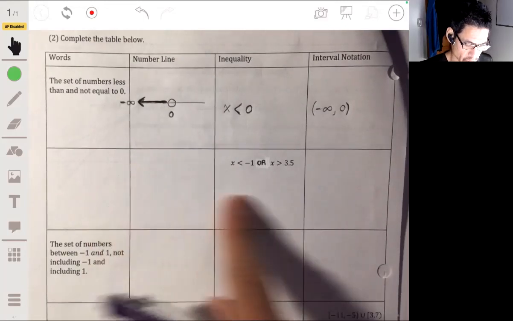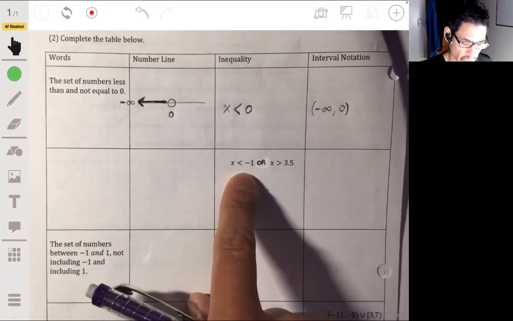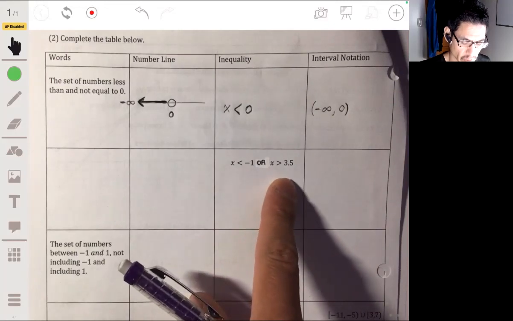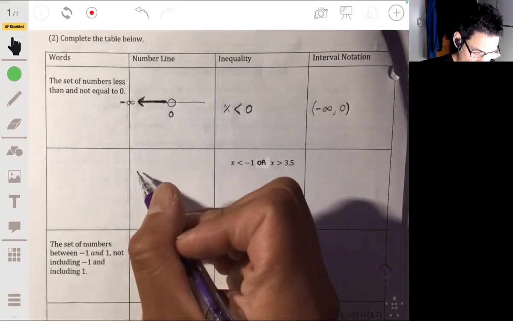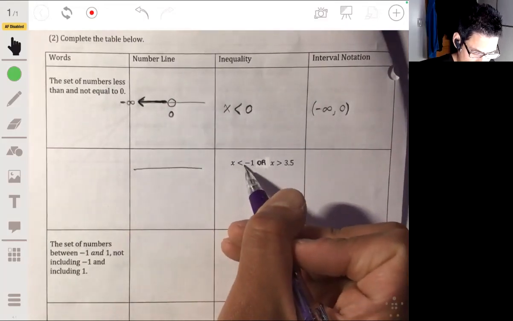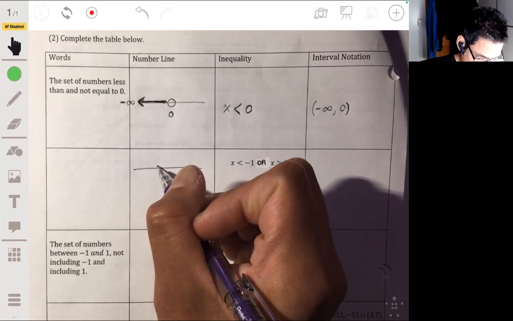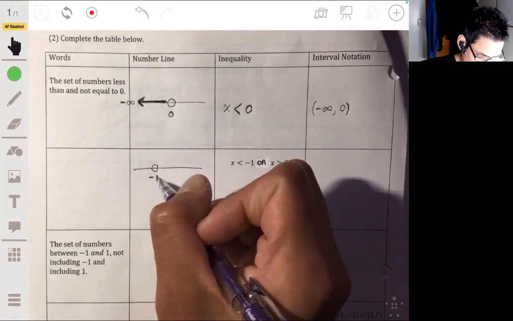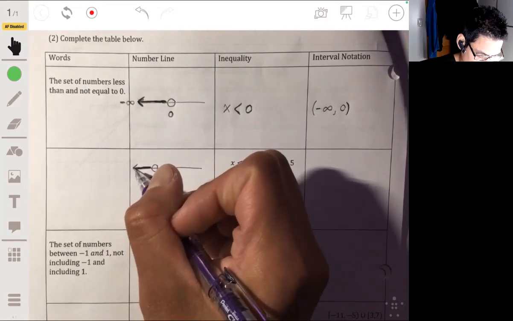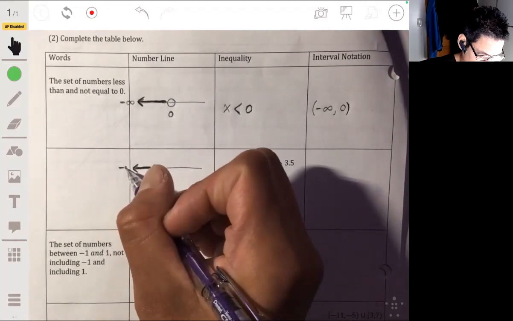All right, let's look at the next row. Here we have x is less than -1 or x is greater than 3.5. Let's draw a number line first. So x is less than -1. So an open circle at -1. Arrow to the left towards negative infinity.